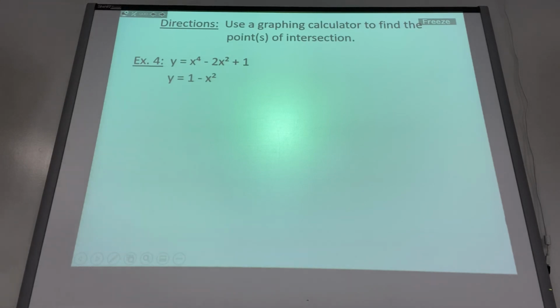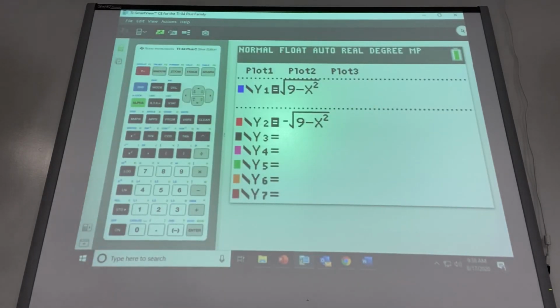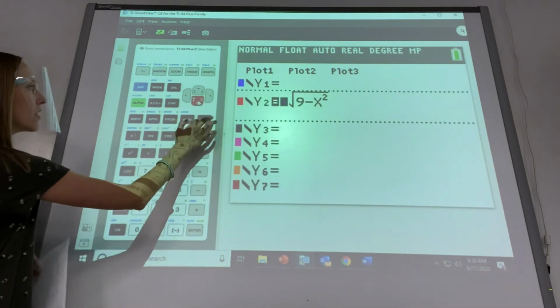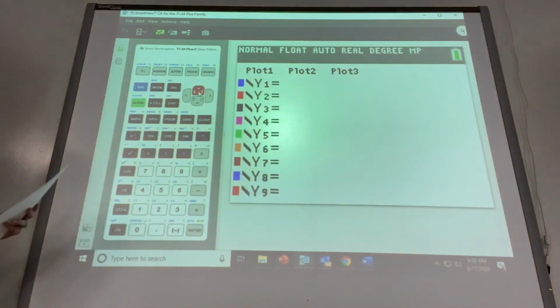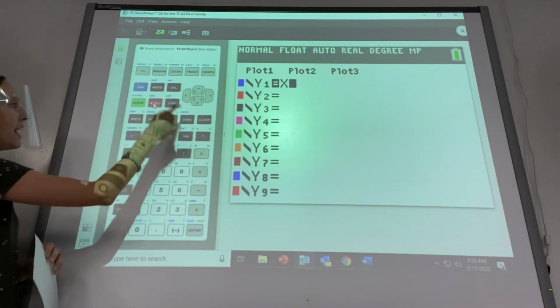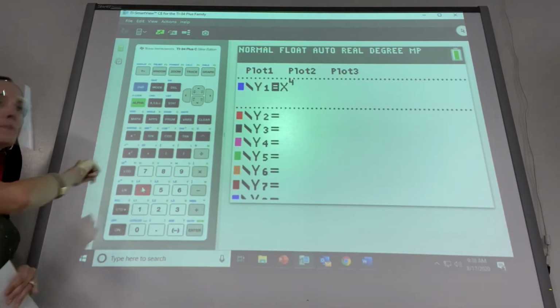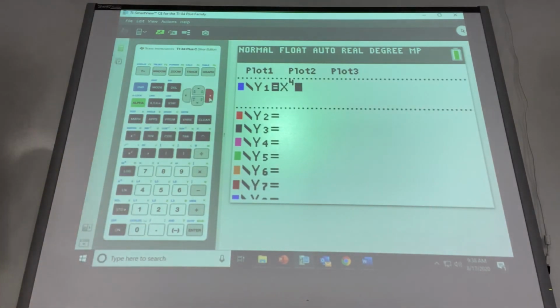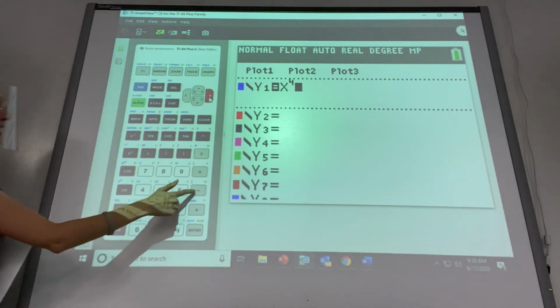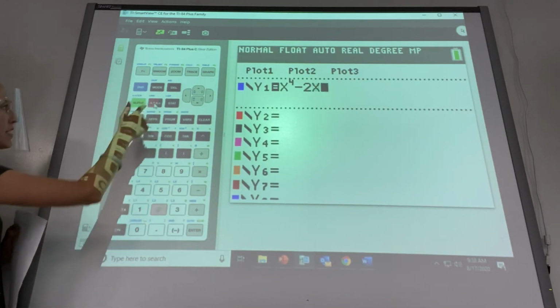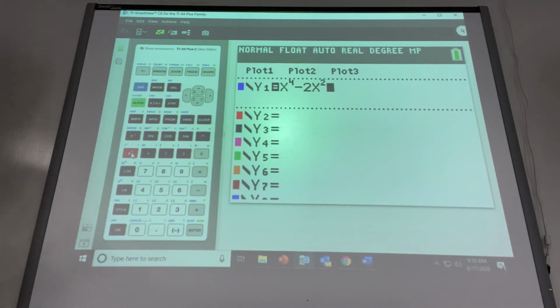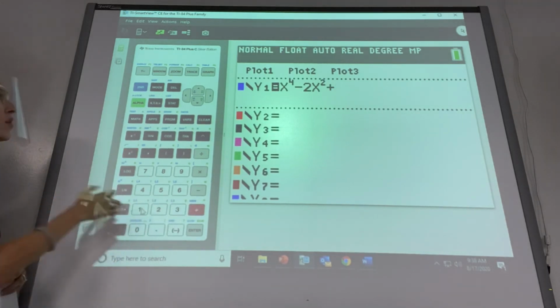So I'm going to the y equals, clear out whatever you may have in there. And it really doesn't matter what order you put these in, but I'm going to start with x to the 4th power. Let me know if you have any calculator problems. Minus 2x squared plus 1.